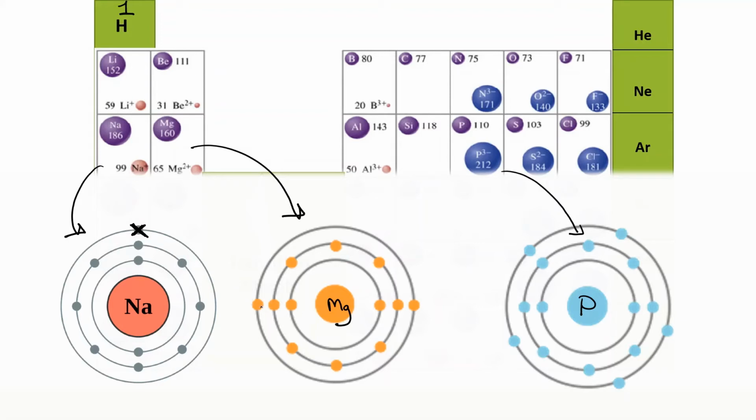Magnesium has two valence electrons. So when magnesium is going to gain or lose electrons, it's going to choose to lose 2 electrons. That means that magnesium is going to make ions that are 2+ and sodium ions that are 1+. Well, what's the difference between these two Bohr diagrams?